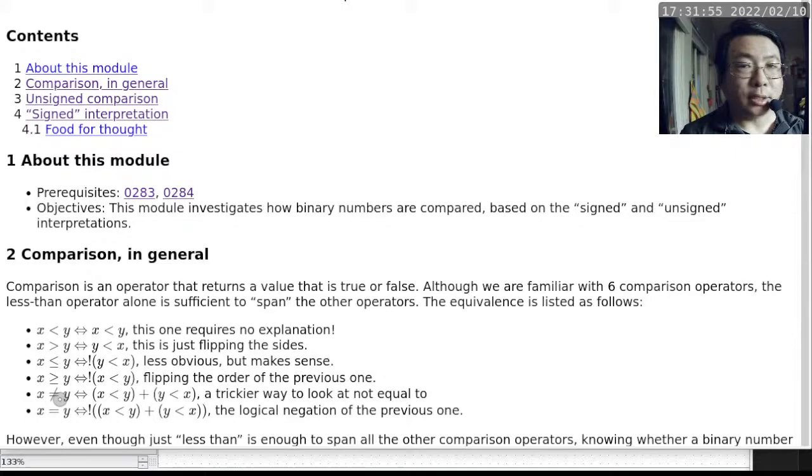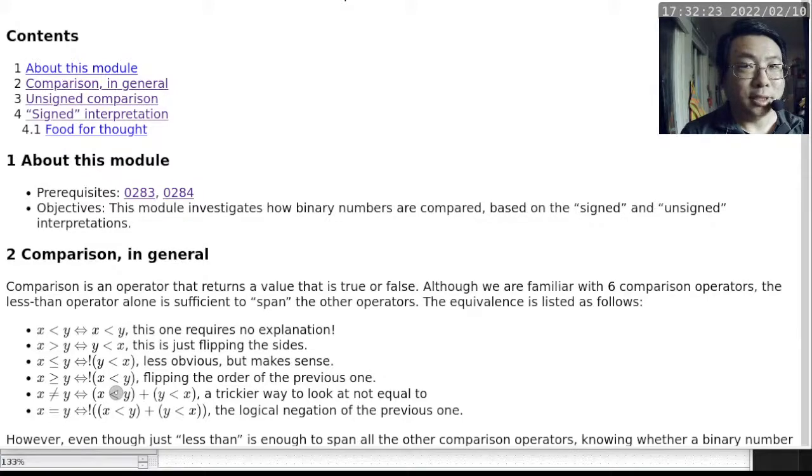This one is kind of interesting because it boils down to x is less than y or y is less than x. So we can still use just less than to see if two values are different or not, because if they're different, one has to be less than the other one. And then finally we have equal to, and I was too lazy to translate it to anything else, so I was just using the negation of the previous one.